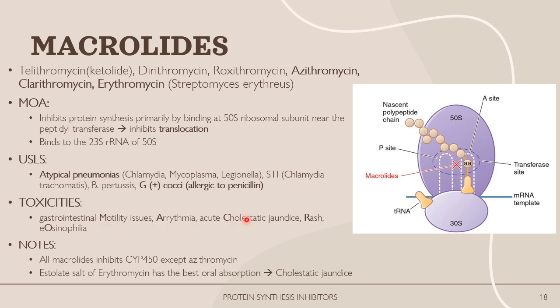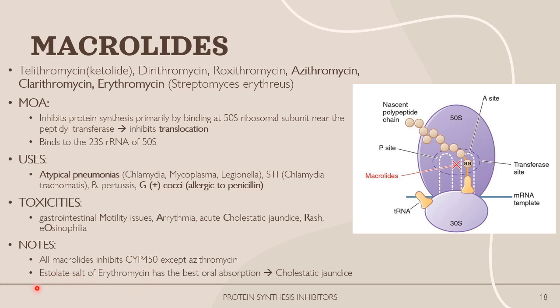So just remember macro. Take note, all of your macrolides are inhibitors of CYP450 except your azithromycin. So again, please take note of this one. All of your macrolides are enzyme inhibitors except for your azithromycin. The stearate salt of erythromycin has the best oral absorption, but it causes cholestatic jaundice.